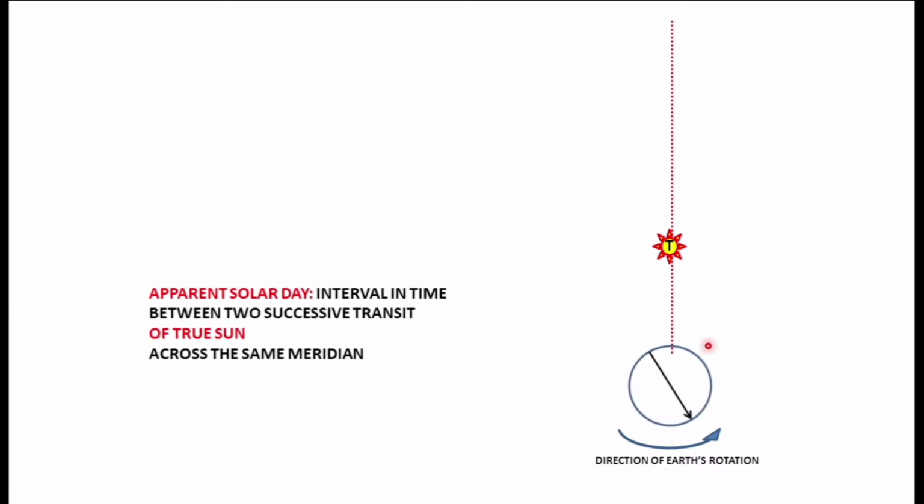Now, we call a day when you have the same meridian coming back to the sun. I'm using the word apparent solar time because I'm talking about this true sun here. So when we have two successive transits of the same meridian from the sun, it's called an apparent solar day.